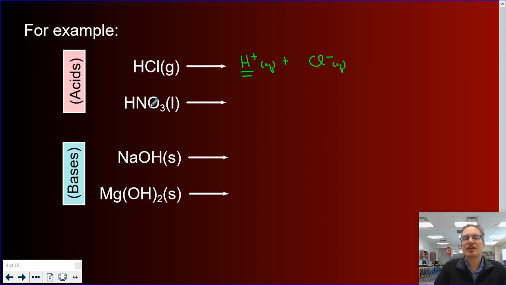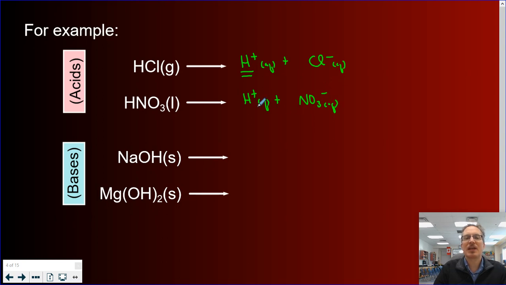Let's try nitric acid, HNO3. So it's in water, it'll ionize into hydrogen ions and nitrate ions. Again, we're going to balance this, one hydrogen, one nitrate, no charge, one positive, one negative, no charge.